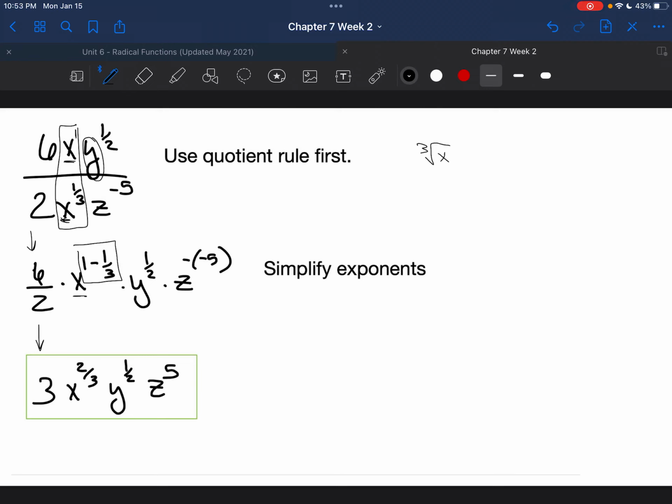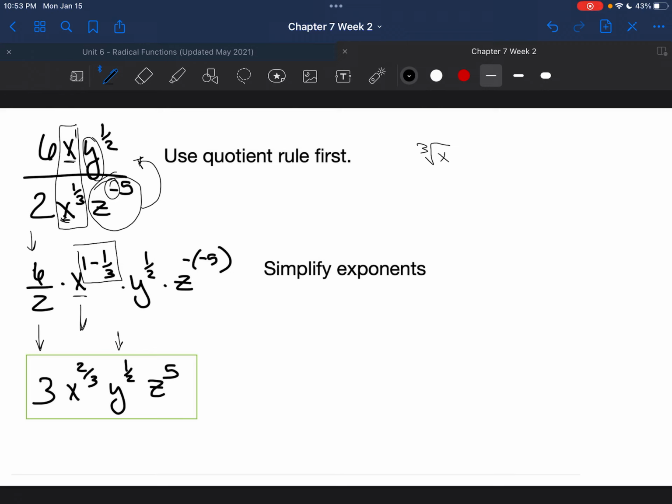Okay, my y doesn't have anyone that needs to be paired up with, so it stays down here. And the z, we don't like to have anyone on the bottom, so we're going to move it to the top, specifically because it's negative. And so when we change sides, we change signs. So now that it's up top, it's a positive 5 there.